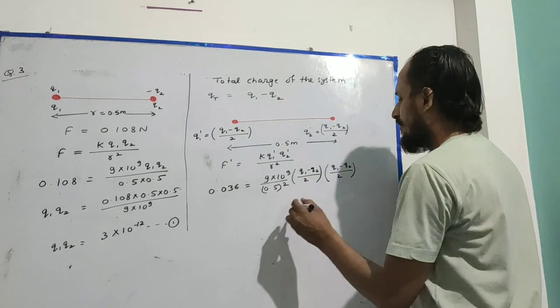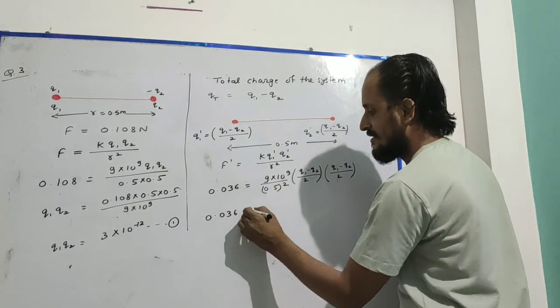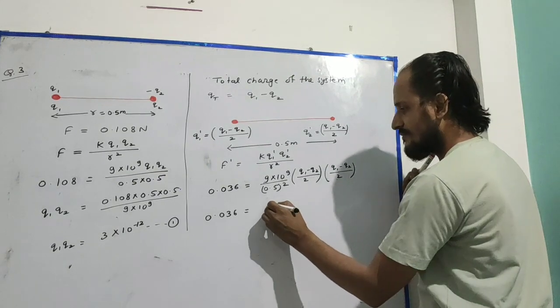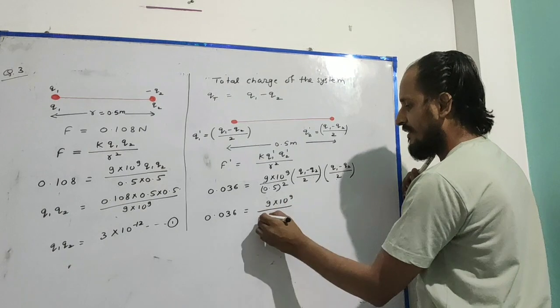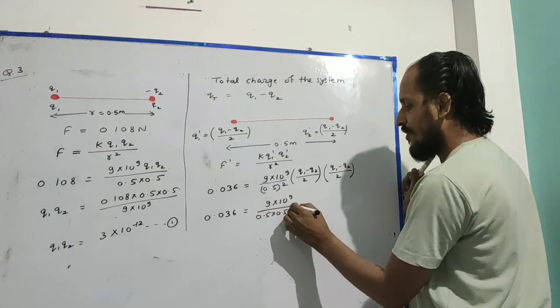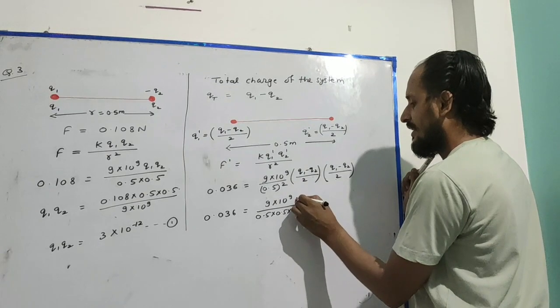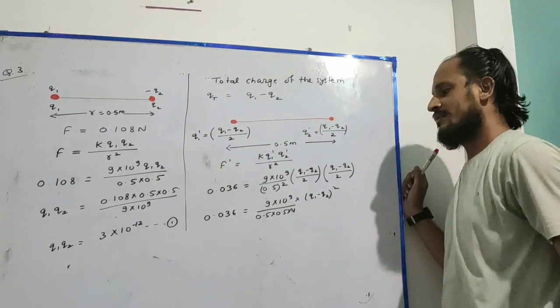So now if you calculate it, 0.036 equals 9 into 10 raised to the power 9 divided by 0.5 into 0.5 into 4, into (Q1 minus Q2) square.